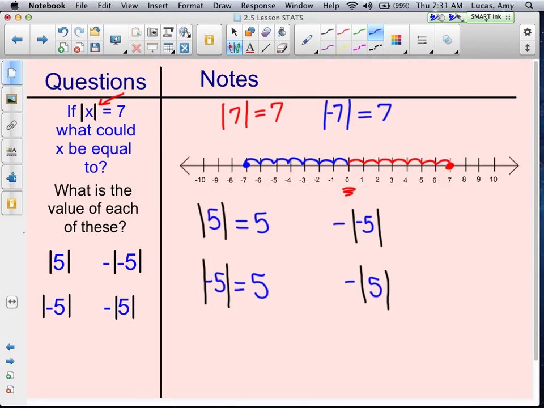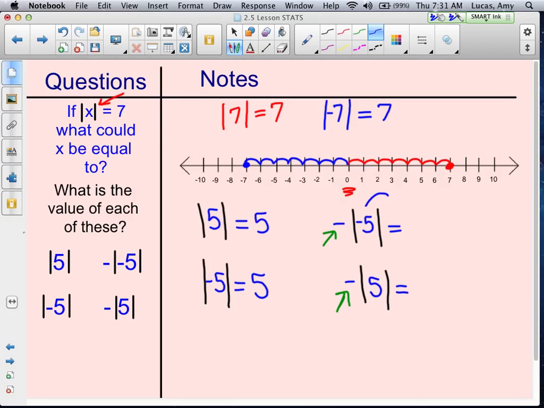Now, these next 2 examples, what I want you to notice is that there is an extra negative sign out in front. You can think about that negative sign as meaning the opposite of, or like -1 times that absolute value. What that negative sign does is it sticks, it stays, it's on your answer.